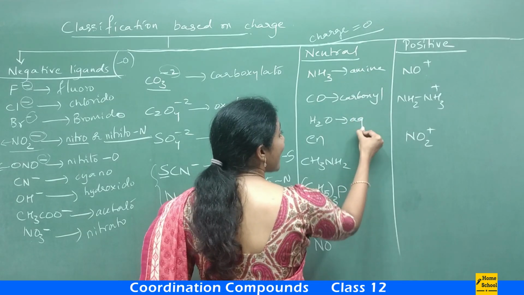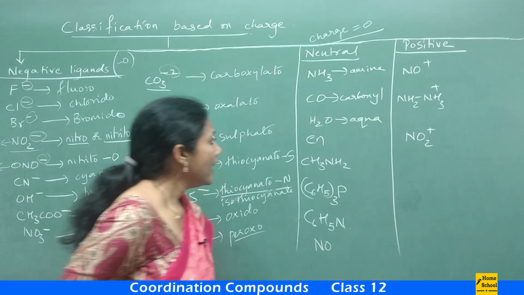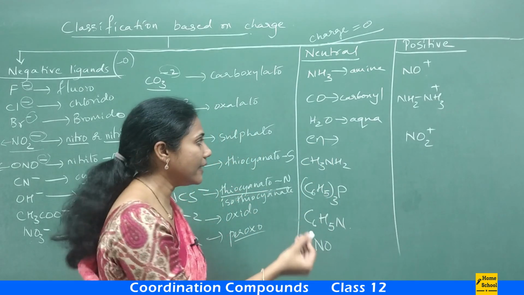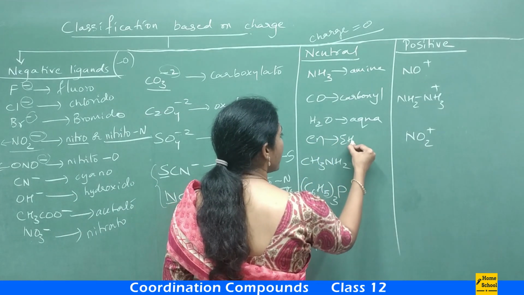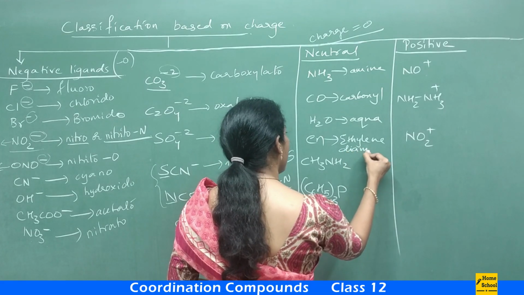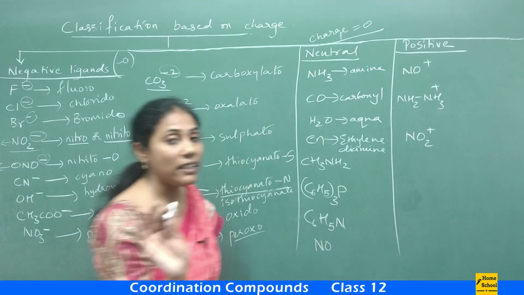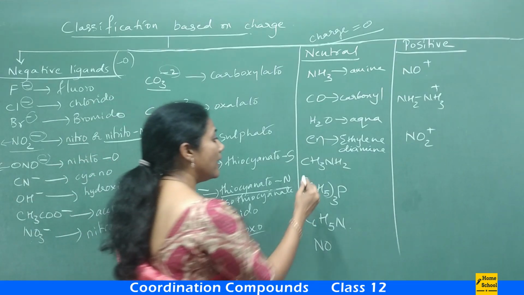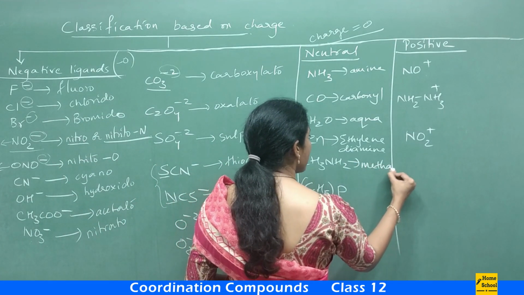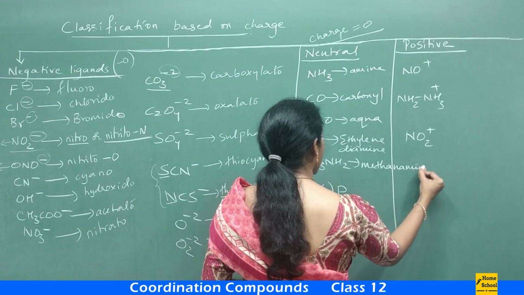H2O is written as aqua, guys. And en we have just now discussed, it's one of the bidentate ligands, ethylenediamine. You can write it as ethylenediamine, or you can write its IUPAC name ethane-1,2-diamine. And this is methanamine. Its charge is 0.